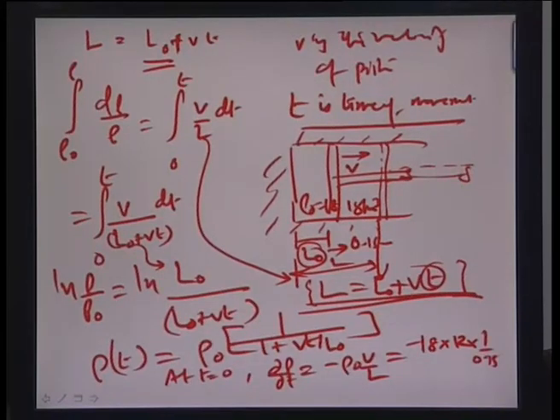The density variation with respect to time becomes equal to minus 1440 kg per meter cube second.